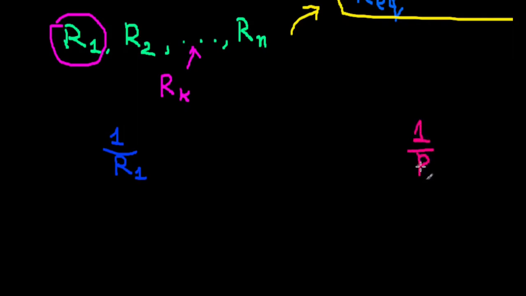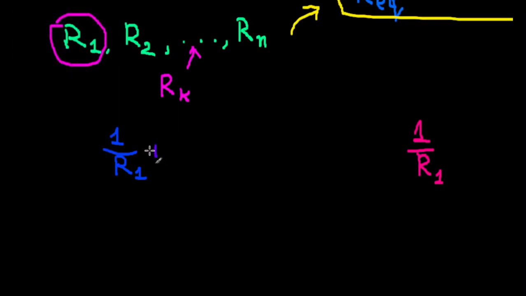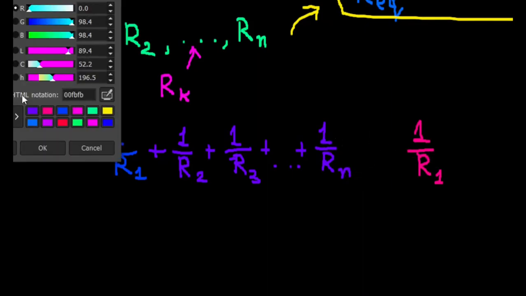Now these two are obviously equal, but if I add some more things to the left hand side, like 1 by R2 plus 1 by R3, all the way up to 1 by Rn.